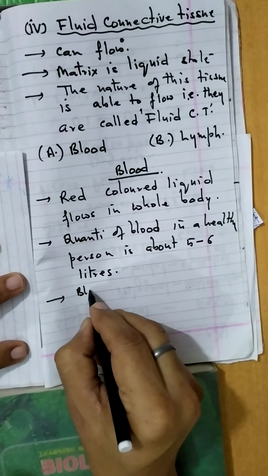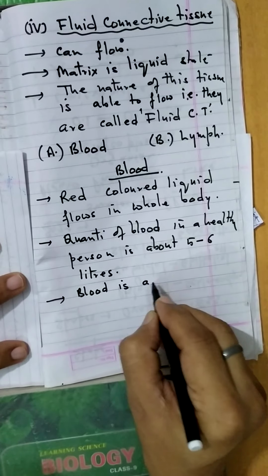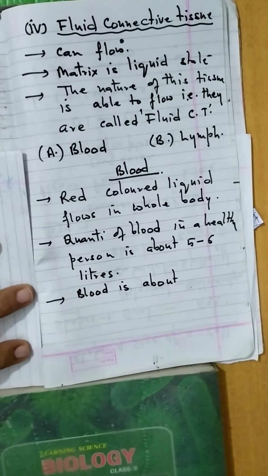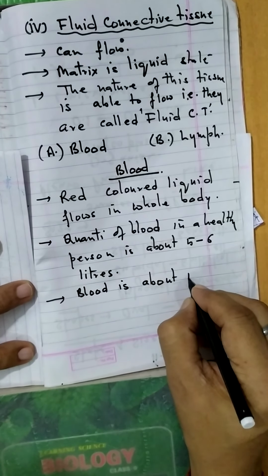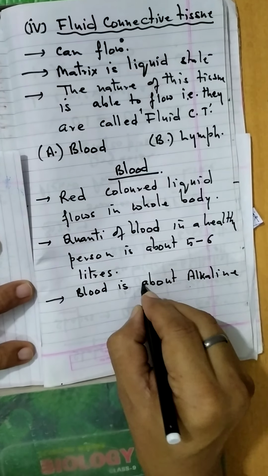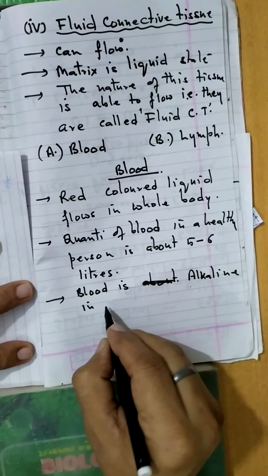The blood is alkaline, not just about alkaline, it is alkaline only. Blood is alkaline in nature.